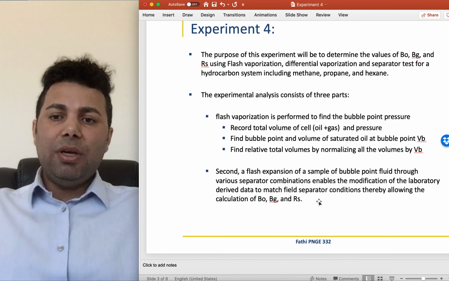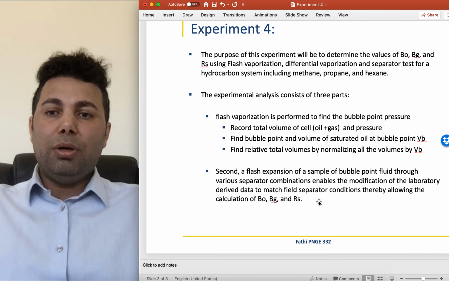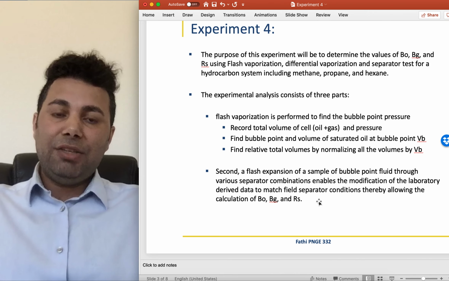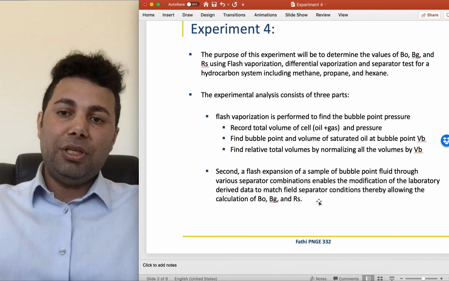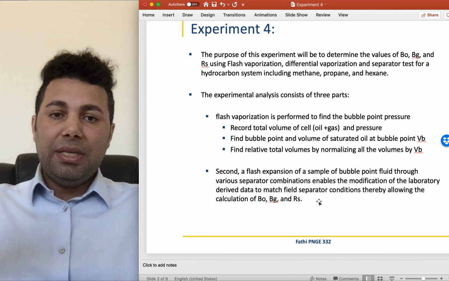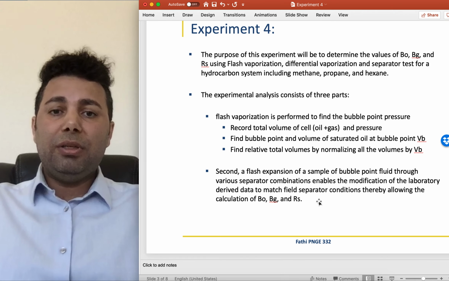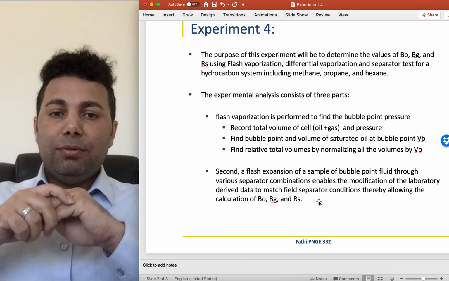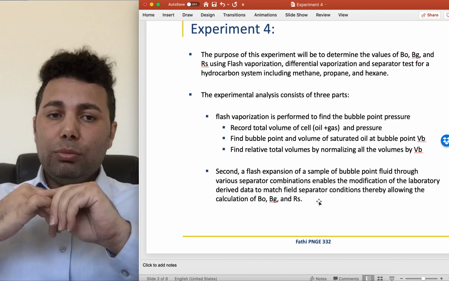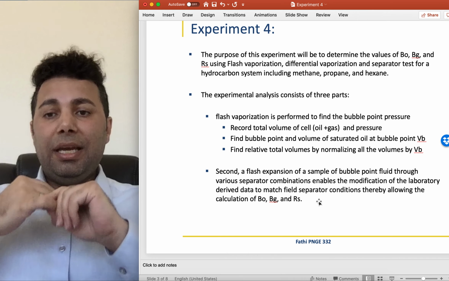As we already discussed in chapter 10, to do this we are going to combine three experiments: the flash vaporization test, differential vaporization test, and the separator test. We said the flash vaporization is performed to find the bubble point pressure. For that, we record the total volume of oil and gas at any pressure.